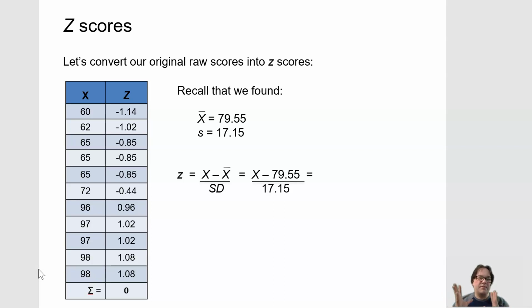So just keep that in mind, and then think about why we would run into the same problem if we were trying to add up the z-scores in our distribution. And let your brain chew on that for a while, and then we'll talk about why that is the case. But we will do that next time.